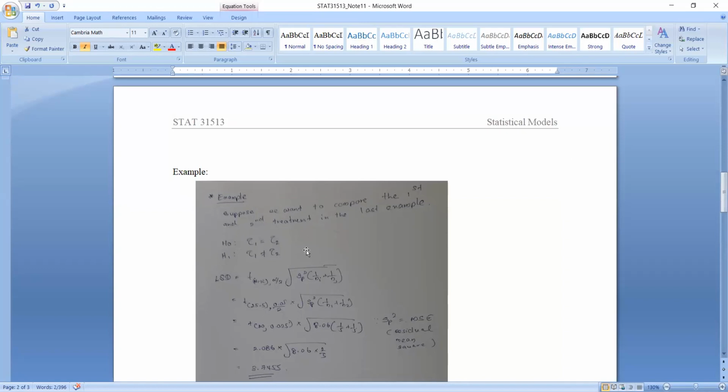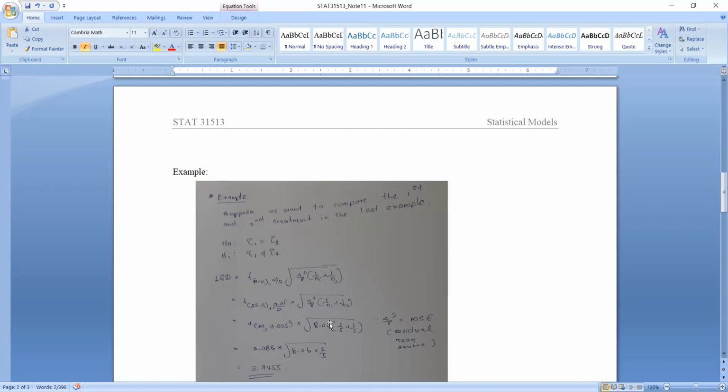In that case, when you calculate this, you can write N, we have all together 25 observations and we have 5 treatments. So that is 25 minus 5, alpha is 0.05. And then you can replace the mean SP squared by the mean square error, that is 8.06.